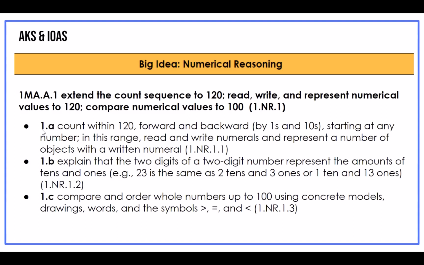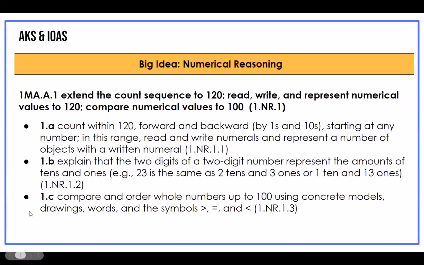In IOA 1A, you see that students will be counting forward and backward by ones and tens, starting at any number. Students should also have the opportunity to read and write numerals and represent a number of objects with a written numeral. For IOA 1B, students will reason about the place value structure to make sense of the idea that the 2 digits in 2-digit numbers represent the amount of tens and ones.